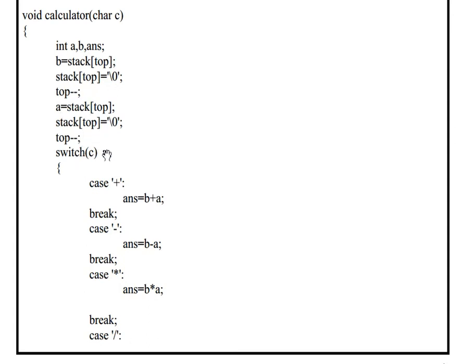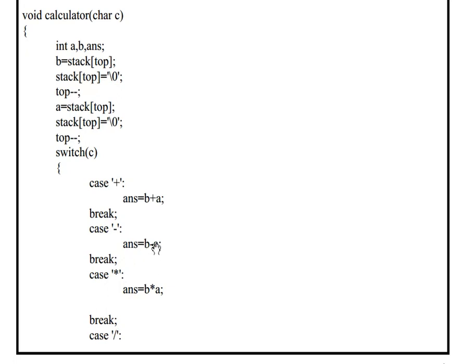So in the switch case we have cases that apply for all the operators. Whenever the given operator is a plus, we apply answer is equal to a plus b. Similarly for case minus, we need to have answer is equal to b minus a.